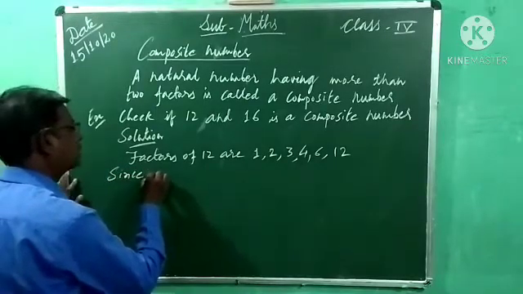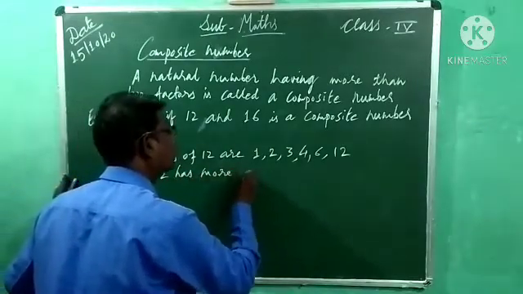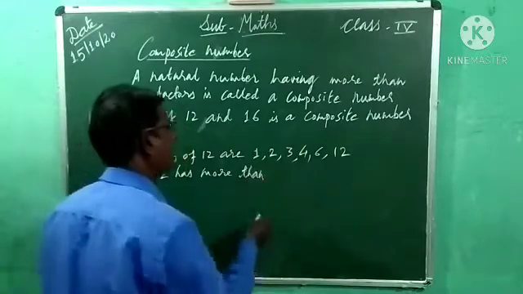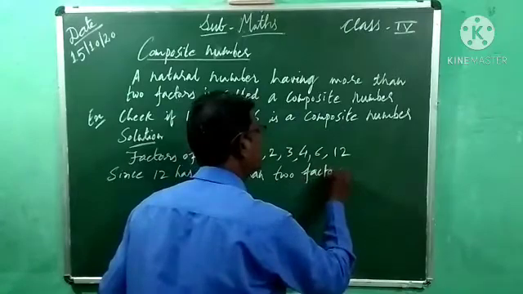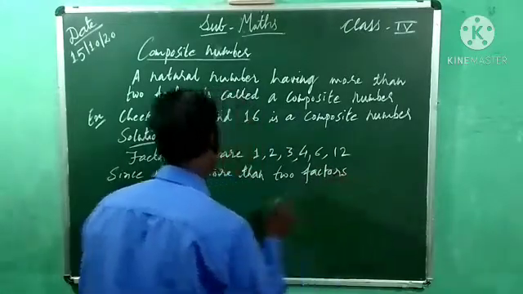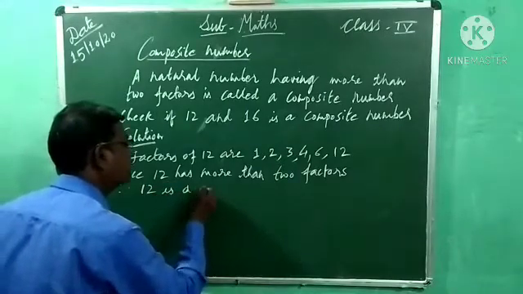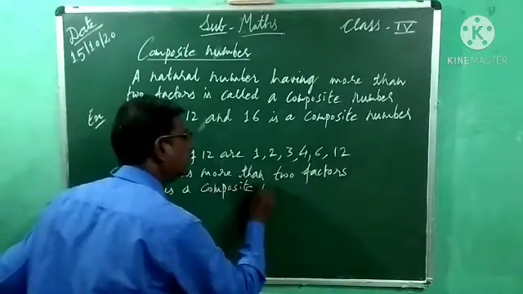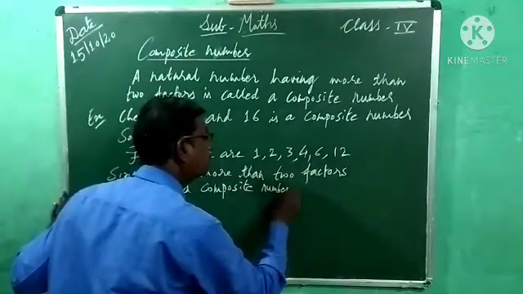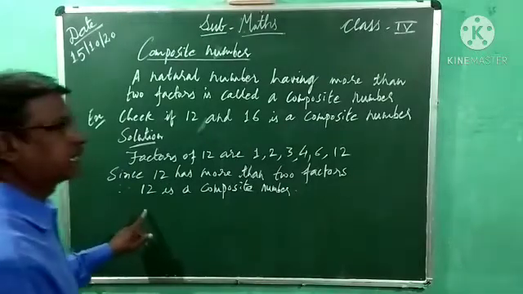We have to write that sentence: since 12 has more than 2 factors, therefore 12 is a composite number.